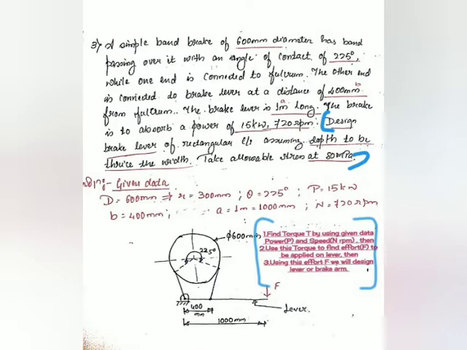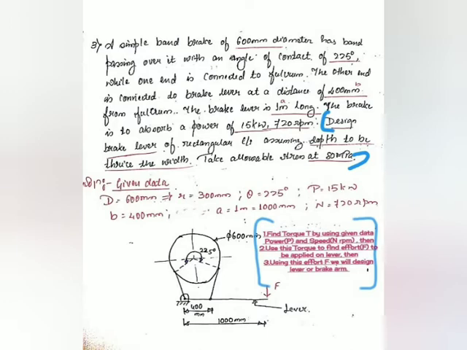Now we'll try to analyze the given question. What steps are to be followed and how to solve this problem. You can observe here the power 15 kilowatt and 720 rpm is given, that is the power P and rpm N. So using this data you can find the torque value.